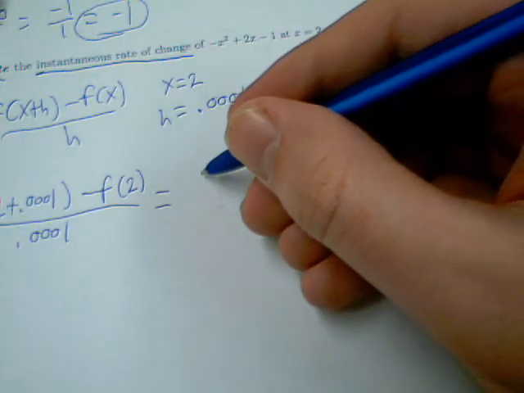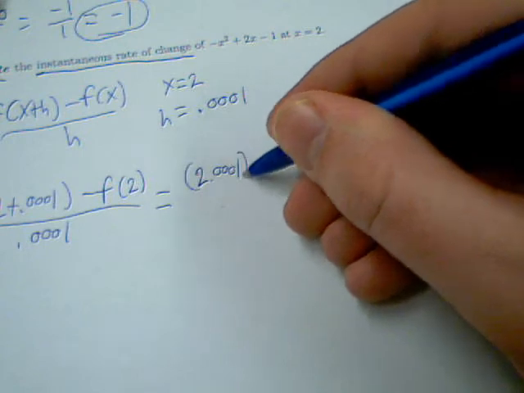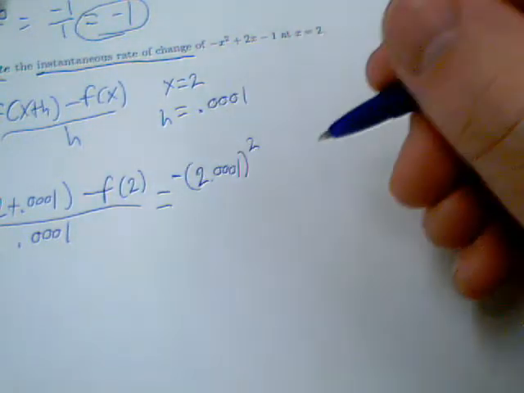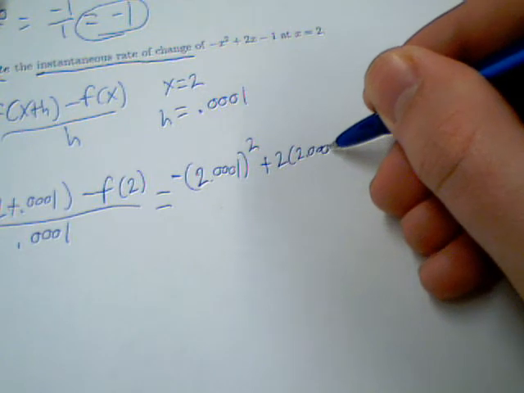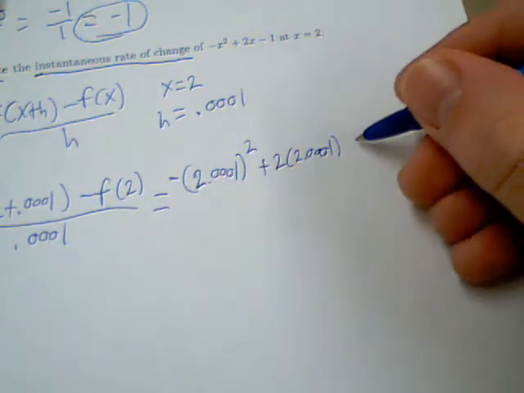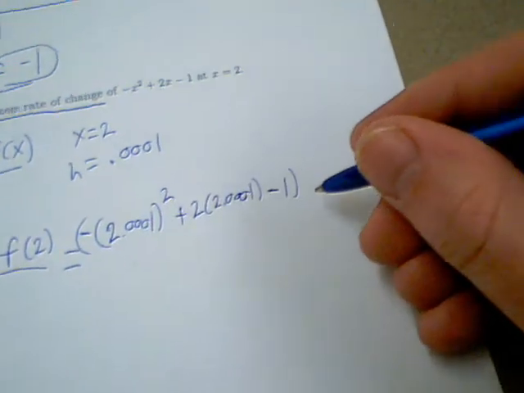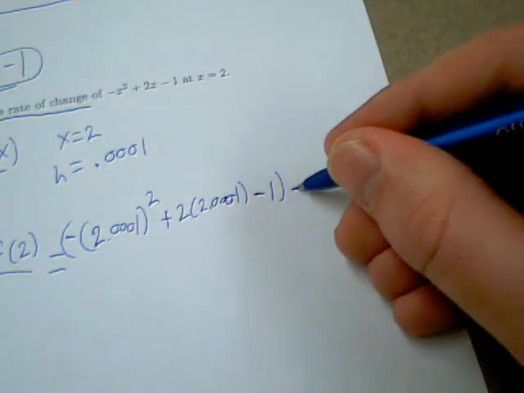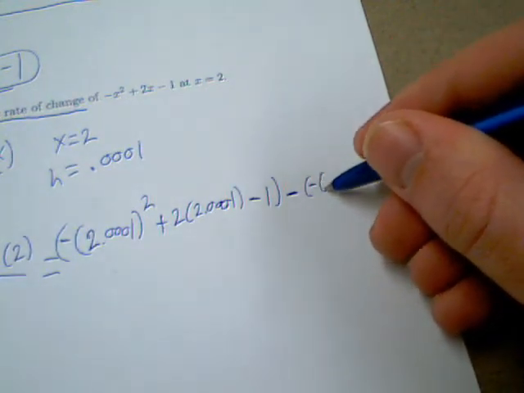Well, this will be 2.0001 squared, then make it negative, plus 2 times 2.0001 minus 1.